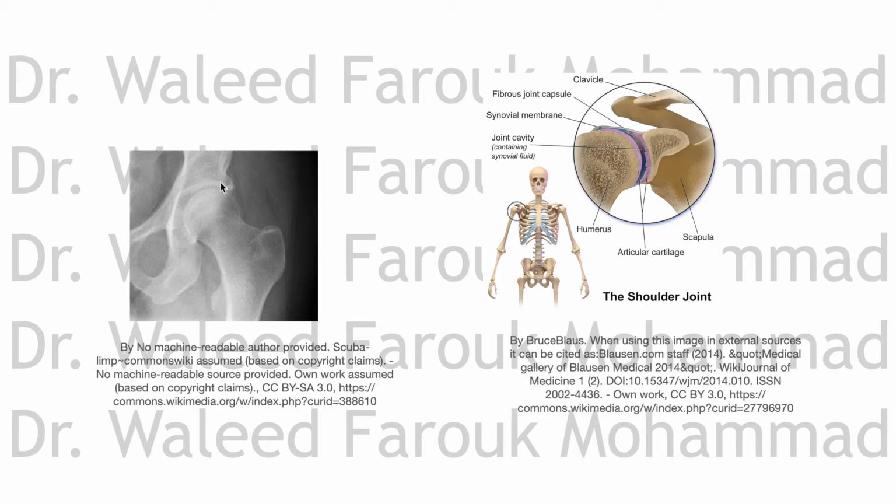In this case it is the acetabulum, in this case it is the glenoid. You can see here that the head of the humerus is much bigger than the glenoid cavity, so that's why we have more range of movement in the shoulder than in the hip joint.